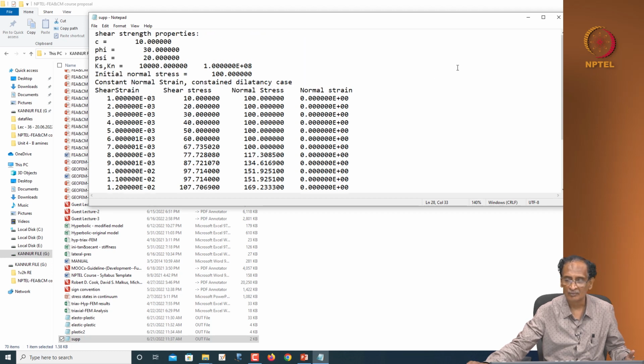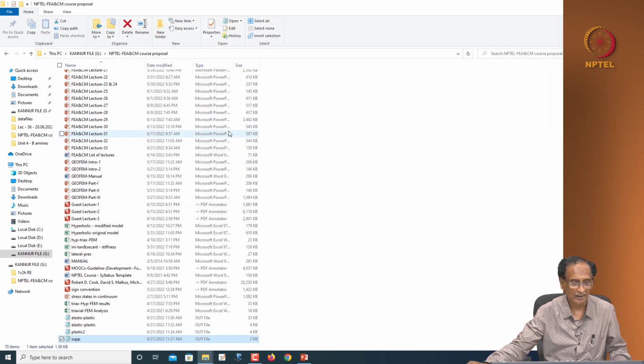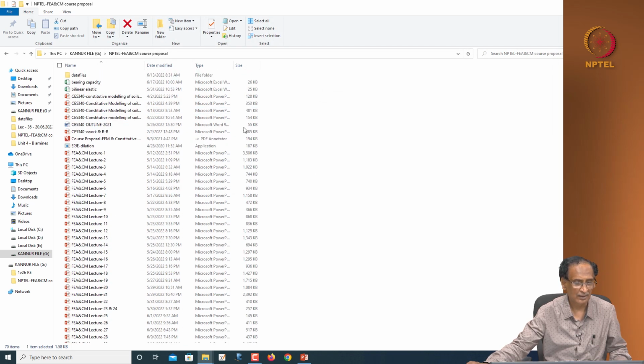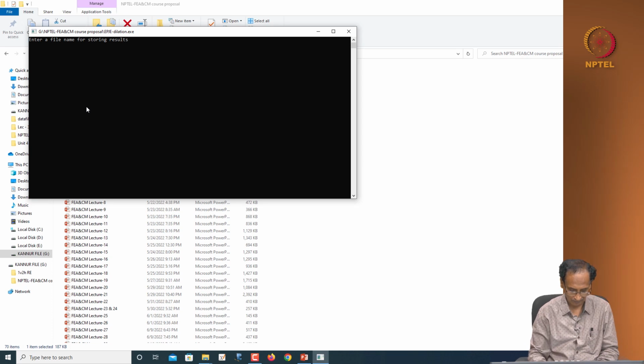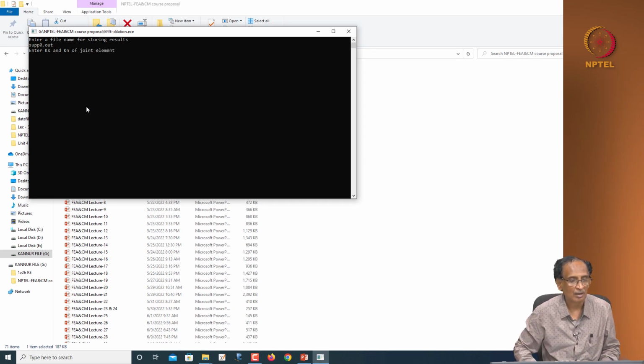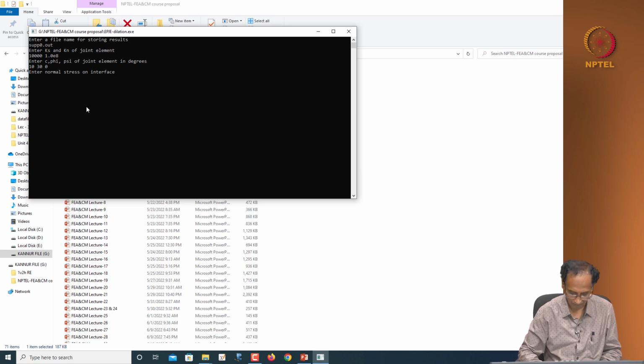Okay. So, let me run the same program, but with suppressed dilatancy and a dilation angle of 0, and let us see. Ks is 10,000, Kn is 10 to the power of 8, C of 10, phi of 30, dilation angle is 0, and normal stress is 100.